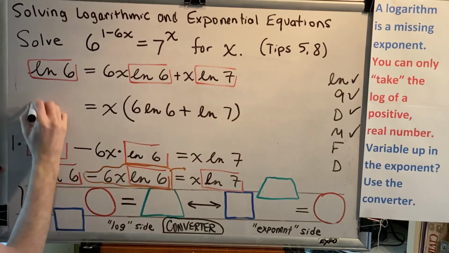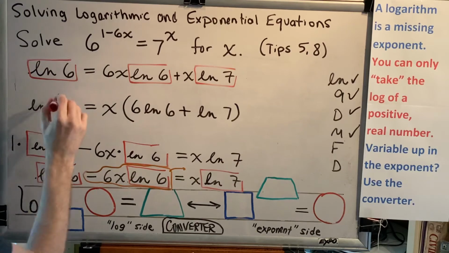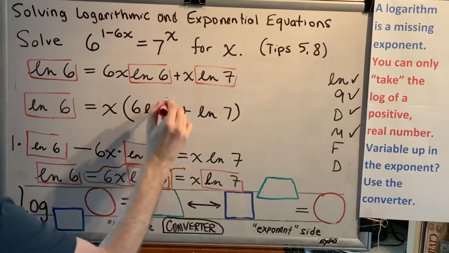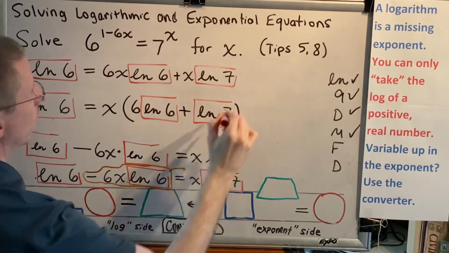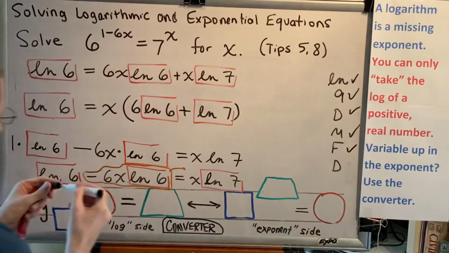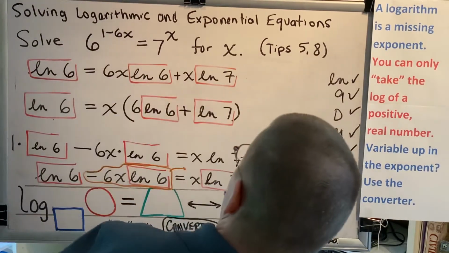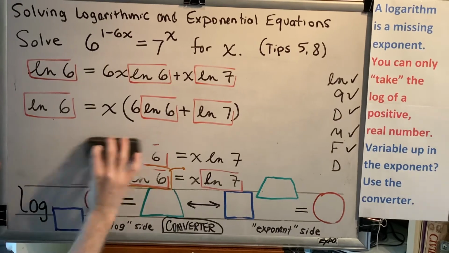On the left, I'll make no changes. And again, I still have 3 bricks. We have now completed the factor step. Only one step left, and that would be to divide. Notice that on the right, the x is multiplying by everything in the parentheses.